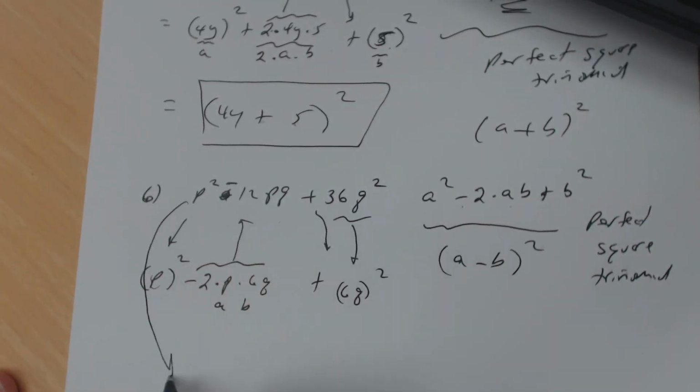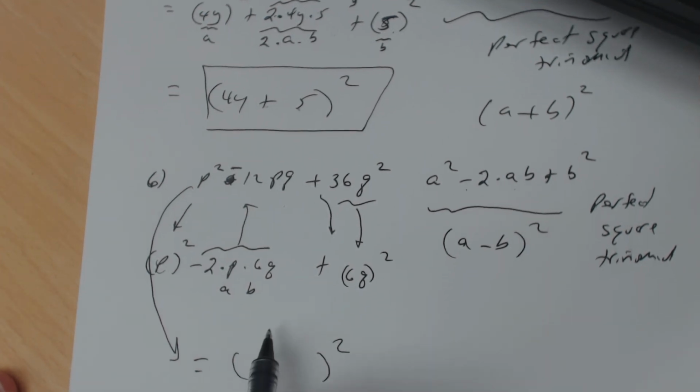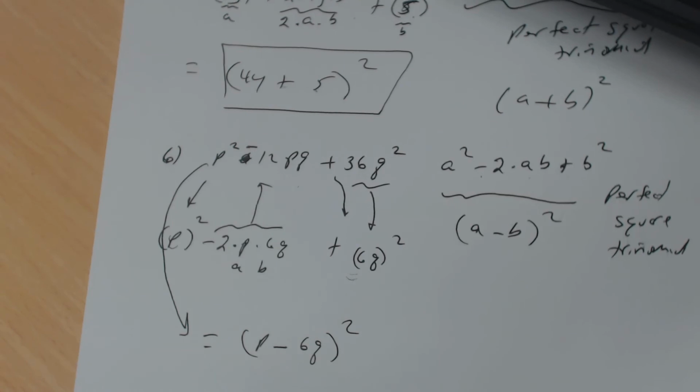So I can factor. That's going to equal a minus b squared. So it will be p minus, and b here, 6q. So p minus 6q times itself, or you can say p minus 6q times p minus 6q. And there's your answer.